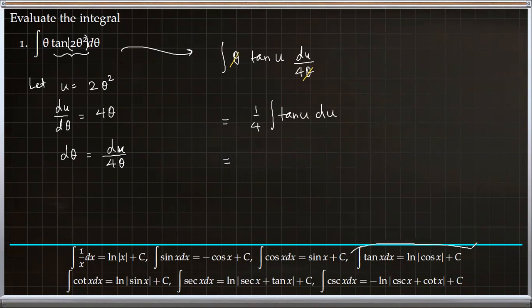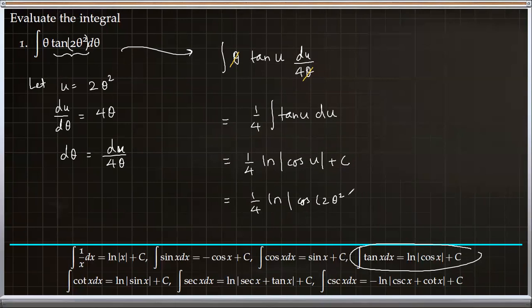We can apply this formula over here, and that will give us 1/4 natural log of cosine of u, applying this formula exactly. Now we can put down what u is. So this will look like 1/4 natural log of cosine of 2 theta squared, plus a constant. So this is the integral.